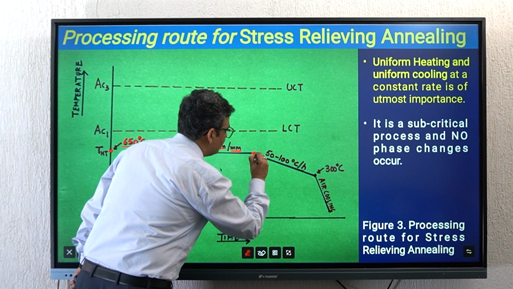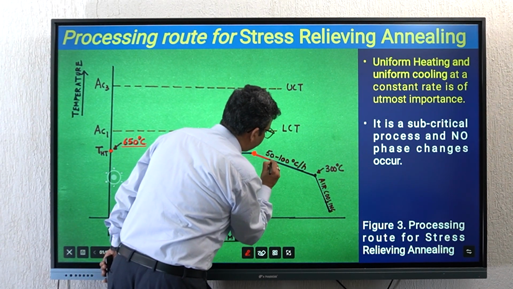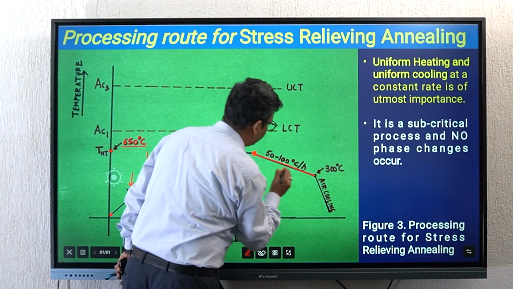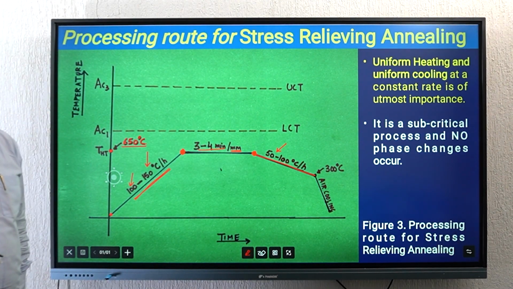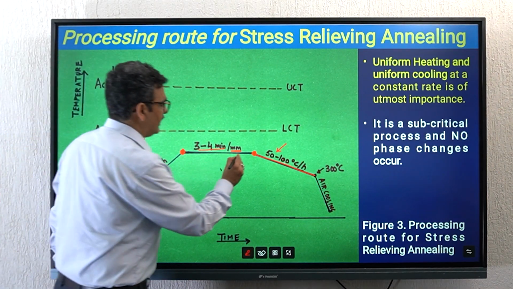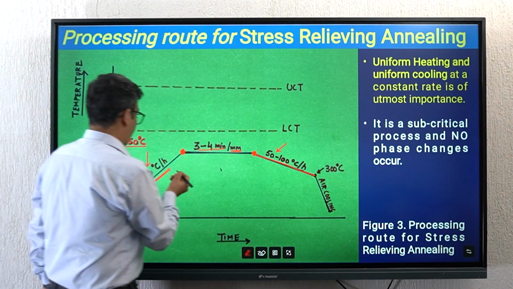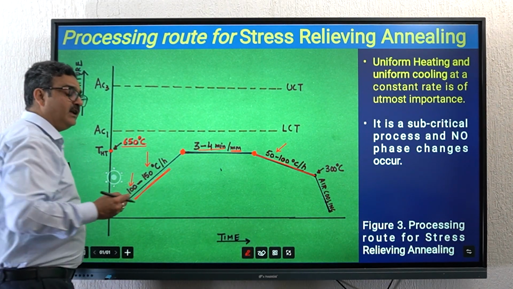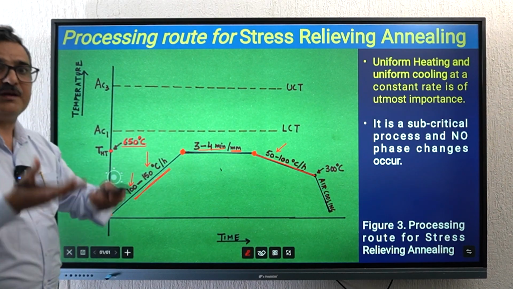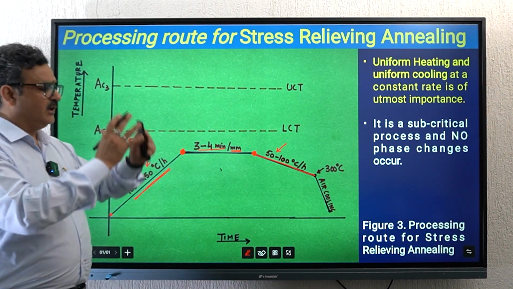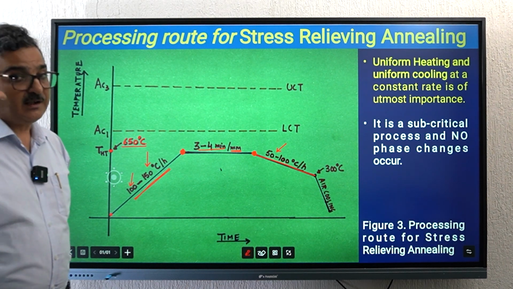No sooner is this stipulated holding complete, very carefully controlled cooling has to be done with cooling rates in the range of 50 to 100 degrees centigrade per hour. Mind it, if you do non-uniform cooling, or if you had done non-uniform heating, internal stresses rather than getting eliminated will grow in number and in magnitude. So controlled heating, controlled cooling is the most important point that has to be kept in mind.